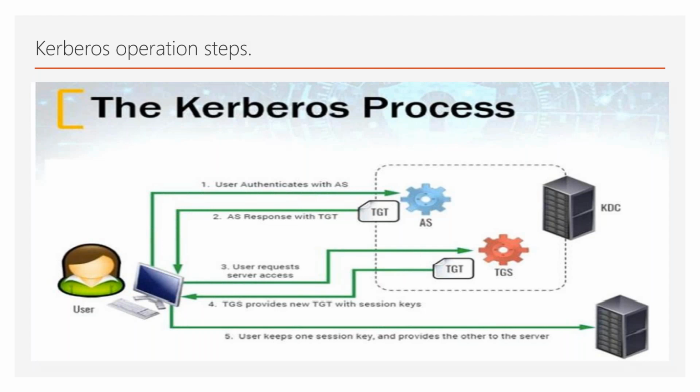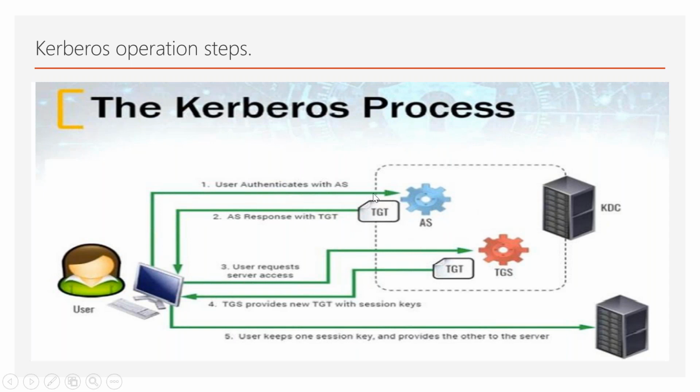In this diagram, the Kerberos operation steps are defined. A user authenticates with the AS. Let's say the first time a user wants to authenticate, the authentication server in the KDC will provide a TGT. This TGT is an encrypted ticket.